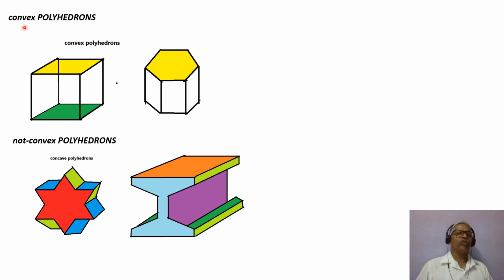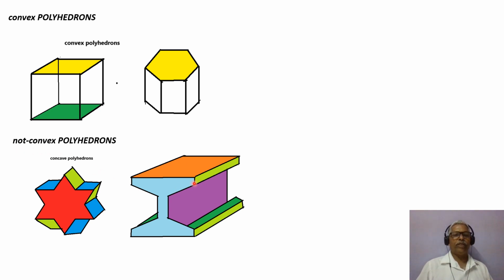If you see the definition of convex and concave, or not convex, you can definitely understand that these are not convex polyhedrons. If you have at least one example in that figure, that if you join two points and a part of the diagonal or joining line falls outside the main figure, then that cannot be convex. If you join this and this, the whole diagonal falls outside this main figure, that is the red part, so this is not convex.